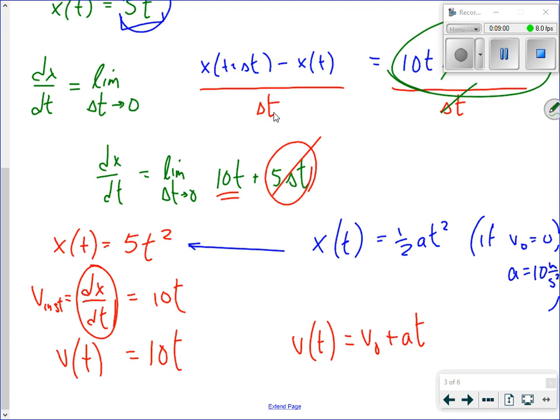But look, we said before that if v naught is 0, and if a equals 10. So the kinematics equations that we've been using work with the idea that the velocity as a function of time is the derivative of position as a function of time. Velocity as a function of time is the instantaneous rate of change of position as a function of time.